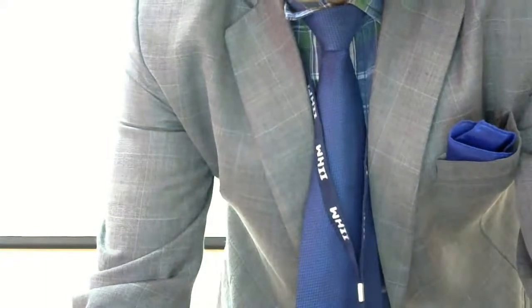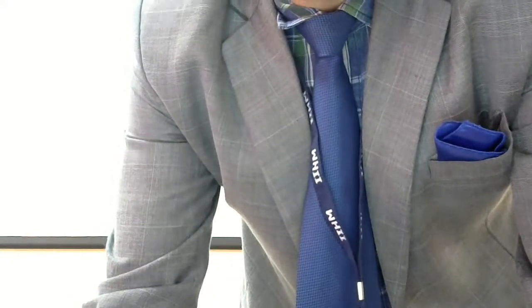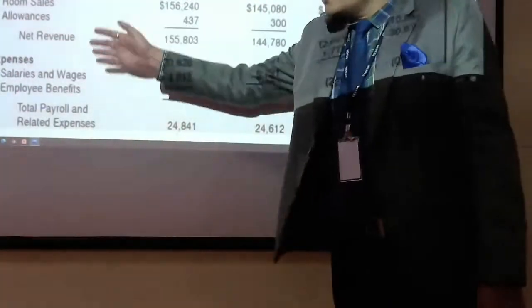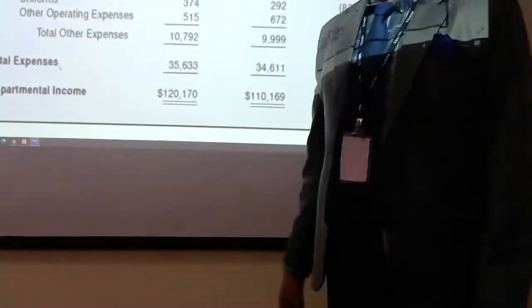Now this you have already seen, and we had already discussed it in great detail previously. So you can just take a look at the revenue analysis, the expense analysis, and the total income generated by the front office at the end. These are the three very important things.